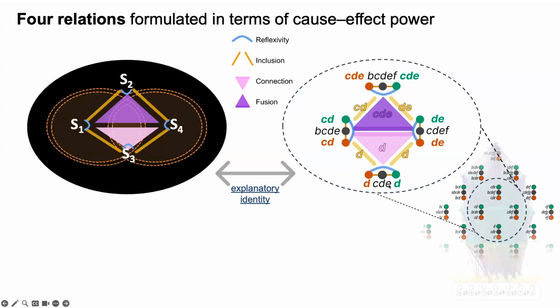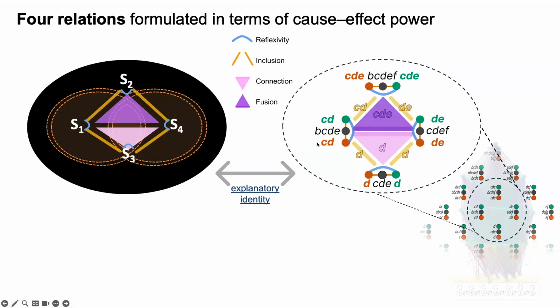So in this case, CDE and BCDE have a relation on both their cause and effect side over unit D, because D is included in both causes and effects of all distinctions. And the same is true for CDEF. So just to mention one example, this is an instance of inclusion that applies between spot S1 and spot S3.